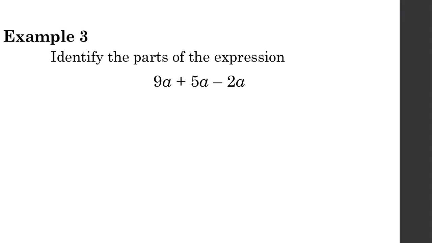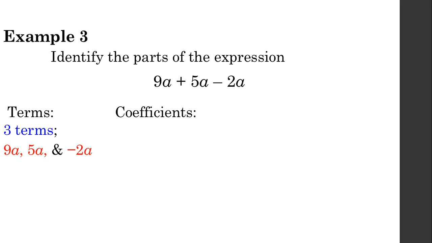Now here we have 9a plus 5a minus 2a. So in this case, we have terms that are separated by a plus sign and a minus sign. So we have 3 terms in this particular problem, our 9a, the 5a, and the negative 2a.